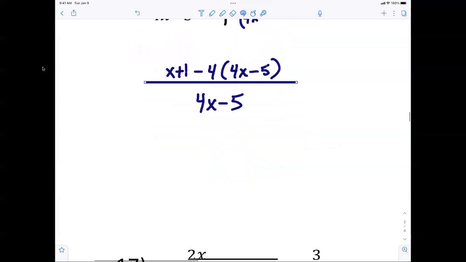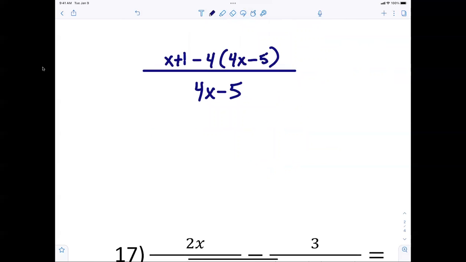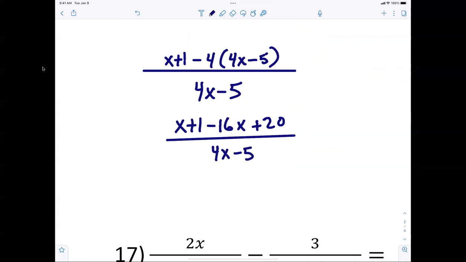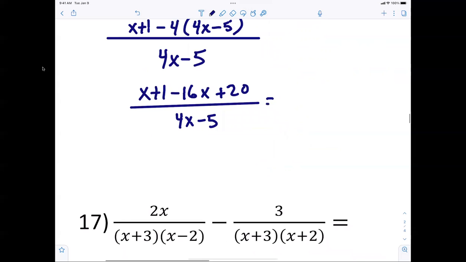And now you're going to distribute, correct. So now it becomes x plus 1 minus 16x plus 20. What does that simplify to, guys? Negative 15x plus 21 over the denominator. Everybody good with that?